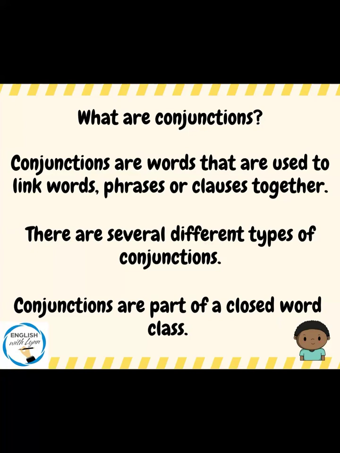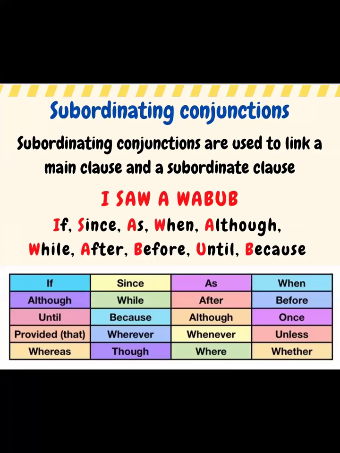So when we are speaking about subordinating conjunctions, they are used to link a main clause and a subordinate clause. And I will speak more about subordinate clauses as we work our way through the session.